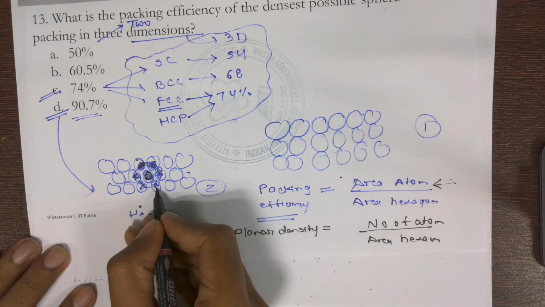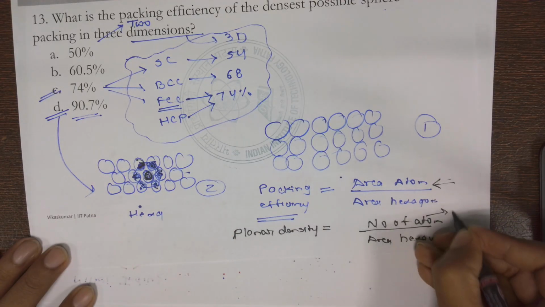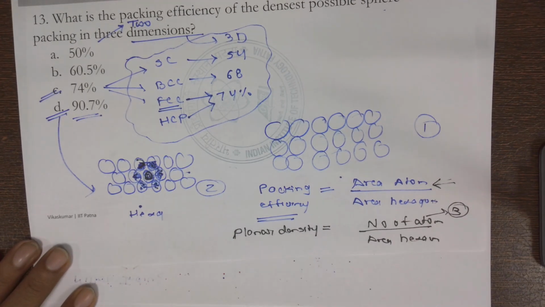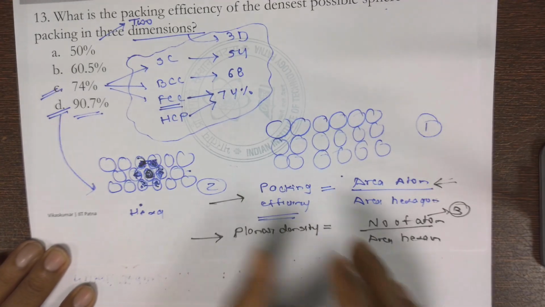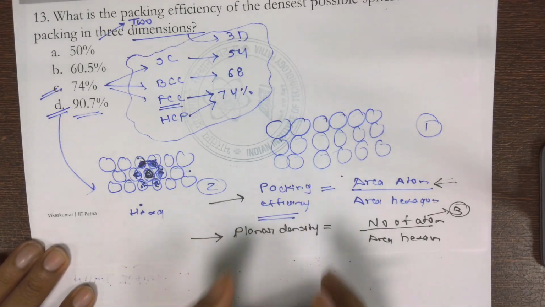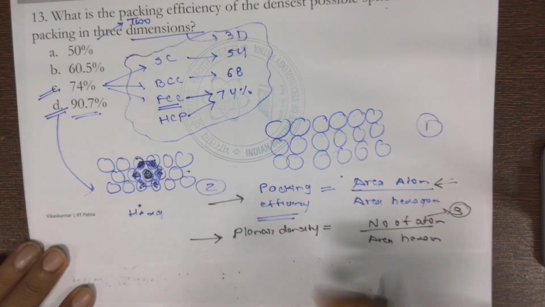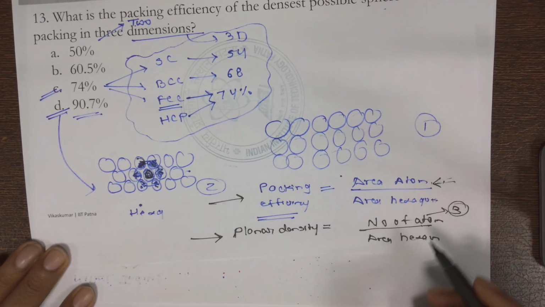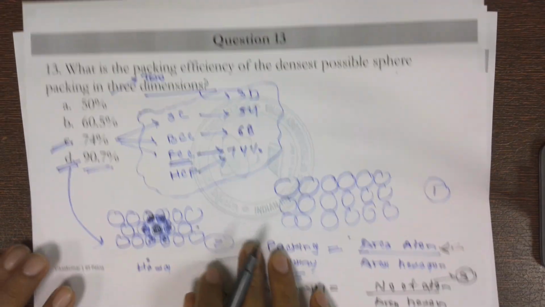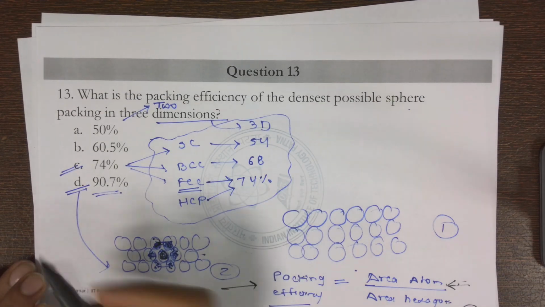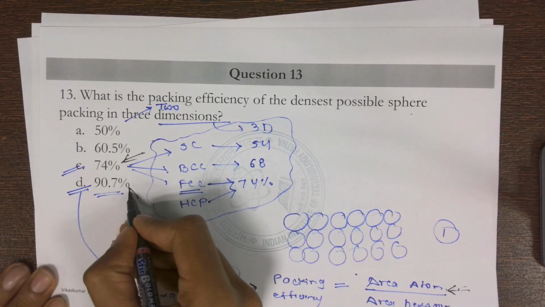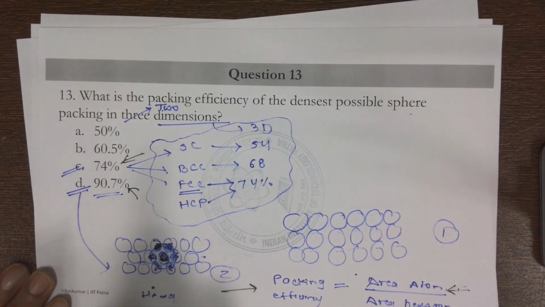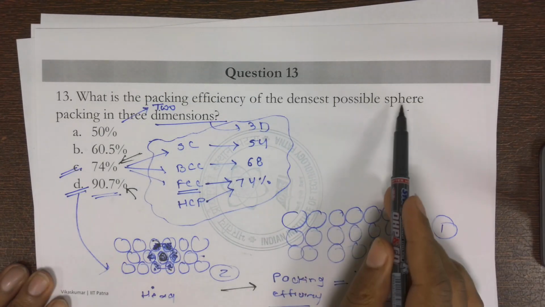So effectively the number of atoms will be 3. So this is the difference. We have to remember that the planar packing efficiency and the planar density differ in the numerator, not in the denominator. Good. So we have got that 74 will be for 3 dimensions, and 90.7 will be for the 2 dimensional densest possible sphere packing.